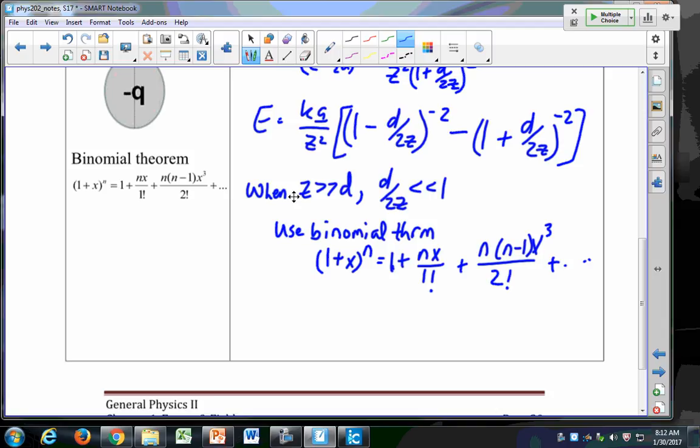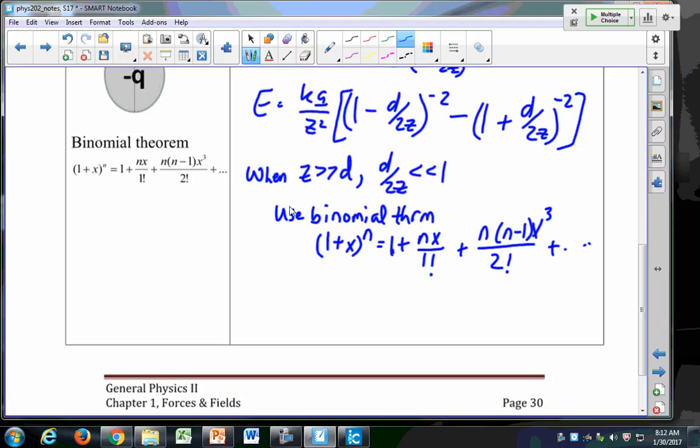I'm just going to use the first two terms. The binomial theorem lets me replace terms that look like this with this, what's that called, a series? I'm not sure. So I can replace a function that looks like this with an expansion that looks like that. I'm going to do so.